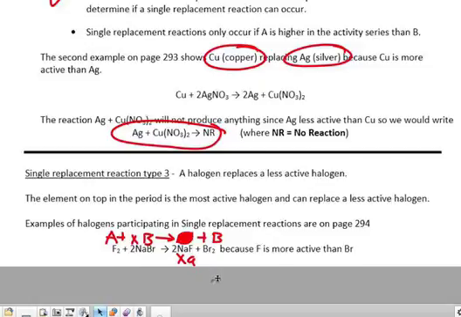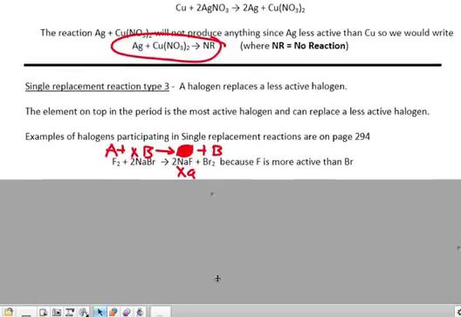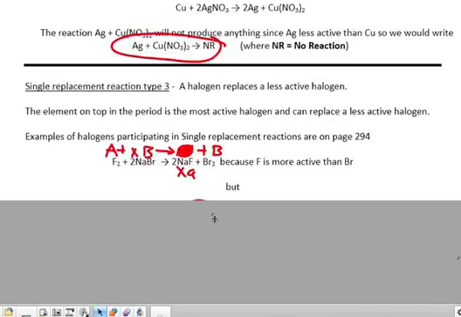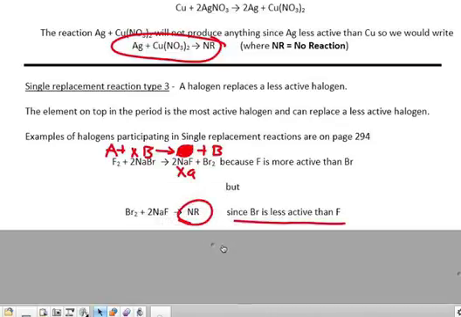So on page 294, there's an example where you have fluorine reacting with sodium bromide, and the result is that you have sodium fluoride and bromine gas. But bromine does not react with sodium fluoride because bromine is less active. Bromide is less active than fluoride.